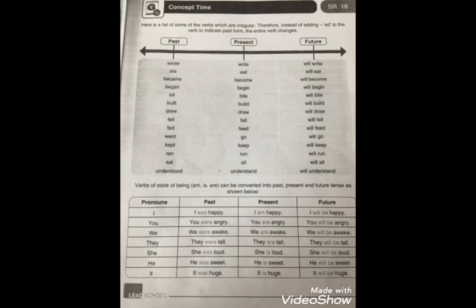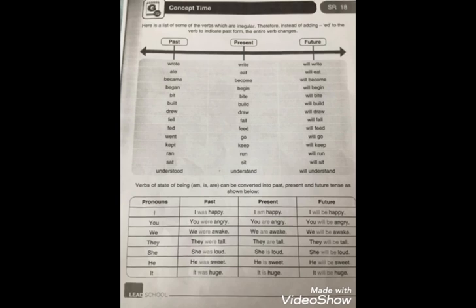Verbs of state of being, am, is, are, can be converted into past, present and future tense as shown below. A very big table is given on page number 47 showing how pronouns can be used in past, present and future. For example, the pronouns are I, you, we, they, she, he, it.